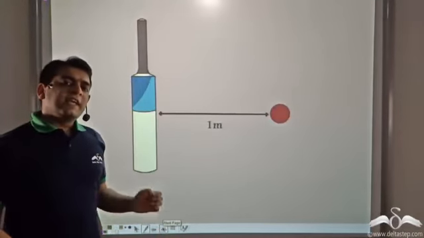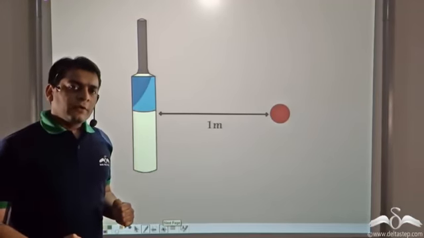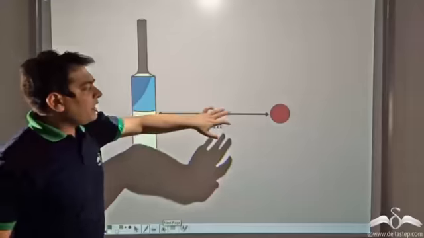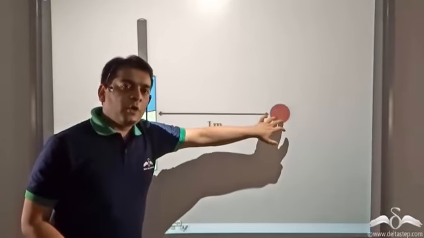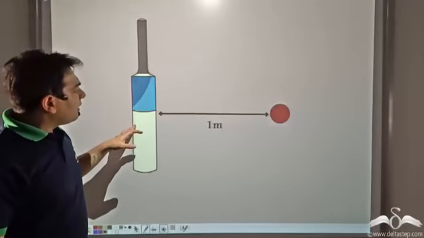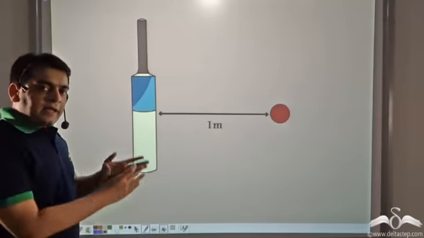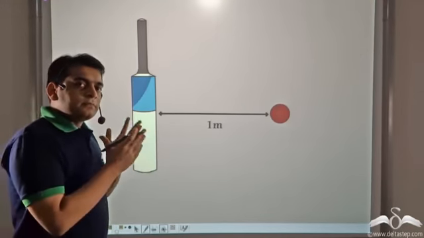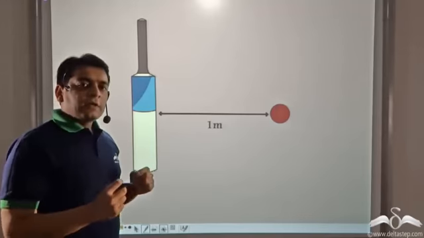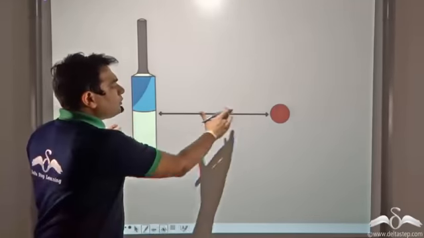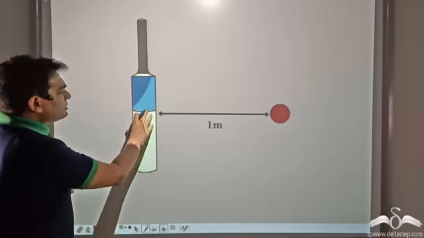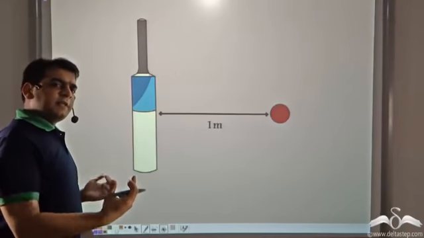Now if all objects attract each other, then would we expect that this bat would attract this ball and the ball would vice versa attract the bat in such a way that they would come close to each other over time? Well, let's find out the force with which these two attract each other. So the mass of a typical bat is approximately 1 kg.